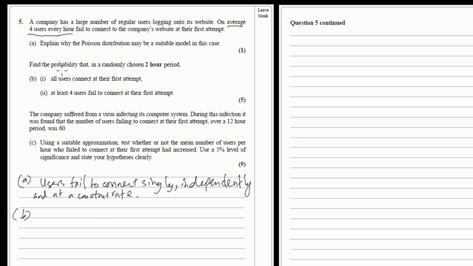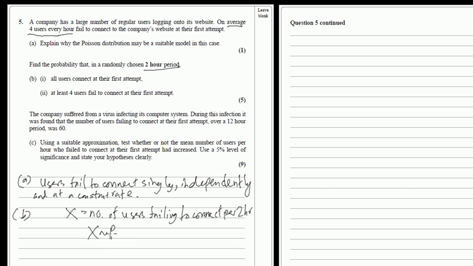Question number B. Find the probability that in a randomly chosen 2-hour period. The first information was every hour, so this is for a 2-hour period. So let's start with 2 hours. The number of failures, meaning failure to connect, or number of users failing to connect per 2 hours.